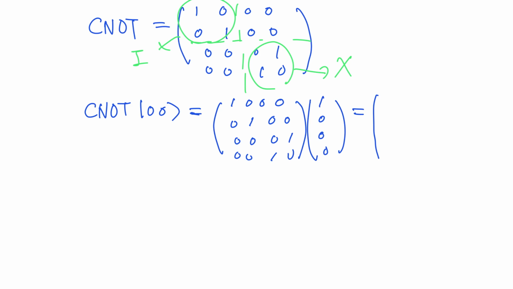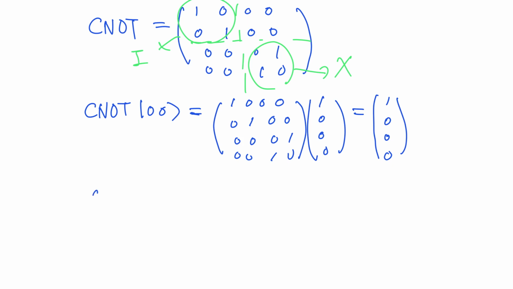First row, first column, you get 1. Second row, first column, 0. Third row, first column, 0. Fourth row, first column, 0, right? So this acts like an identity operation, right? 1 0 0 0.